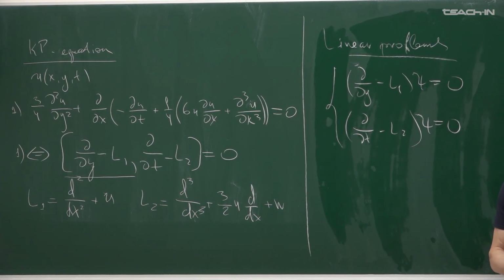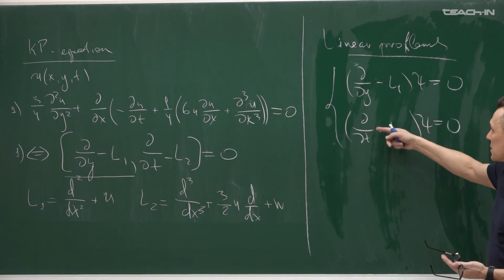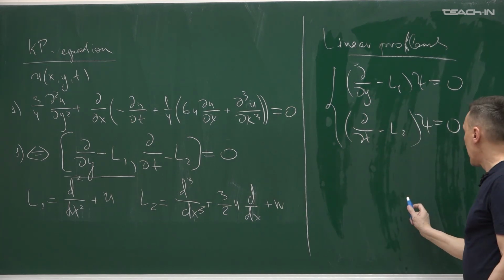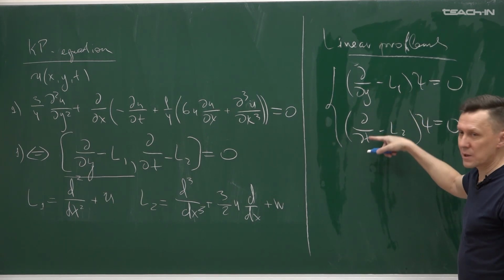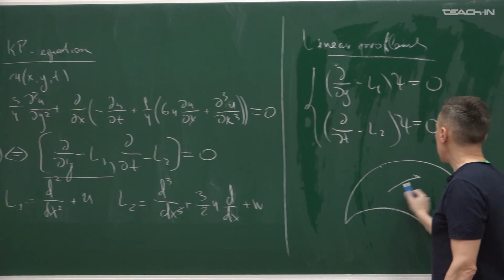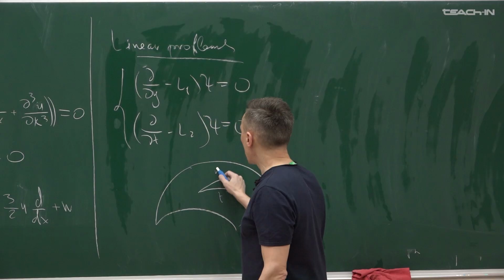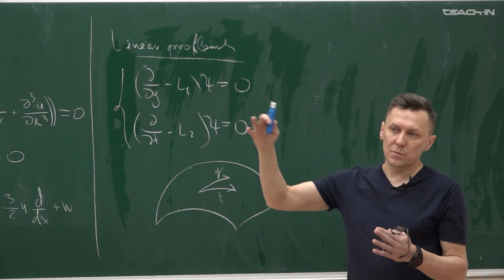Have you discussed the notion of the curvature on a manifold along the course of differential geometry? Yes? So we can understand this equation as a connection on a two-dimensional variety. So this is the variety of t and y, and this operator defines some connection in some bundle.